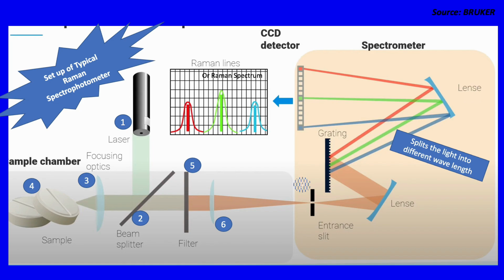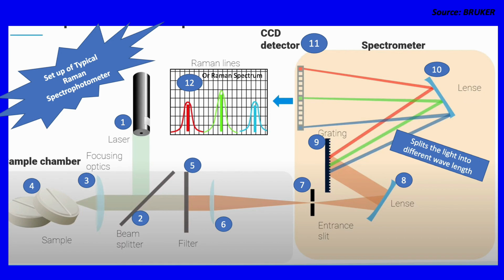That means initially the entrance slit, then the lenses will reflect it to the grating, and the grating splits the light into different wavelengths, which are detected by the CCD detector, and it transforms it into the Raman lines, which is commonly known as the Raman spectrum.